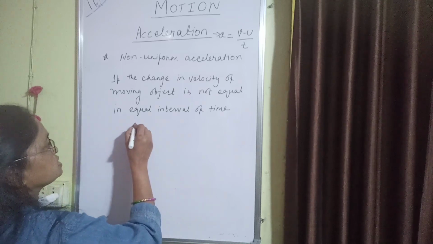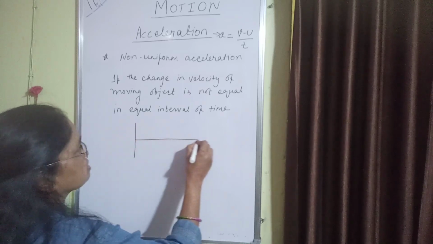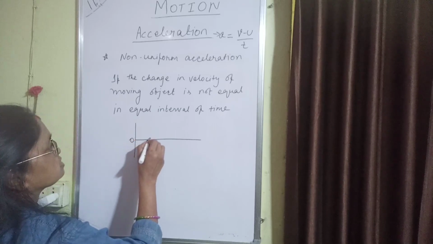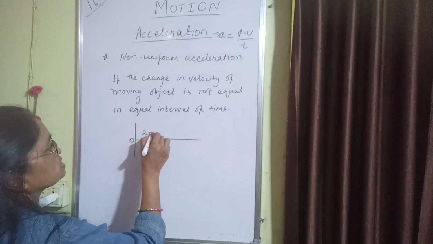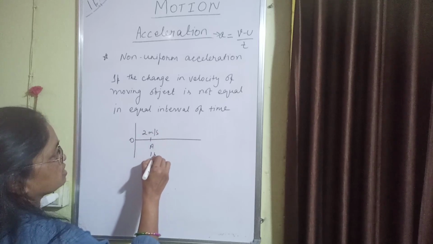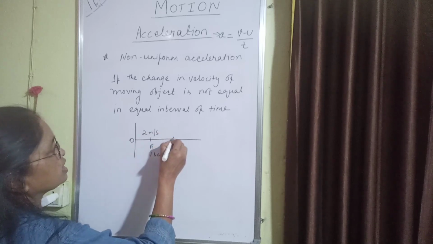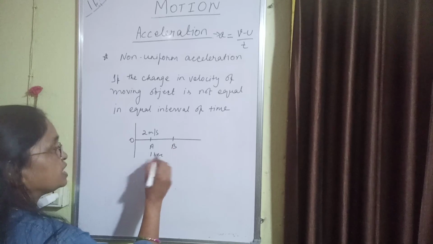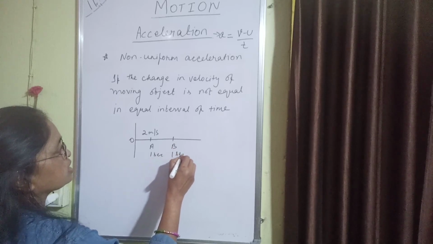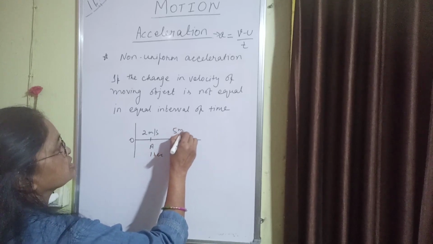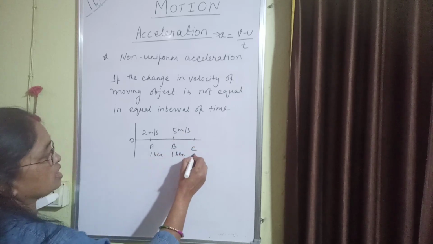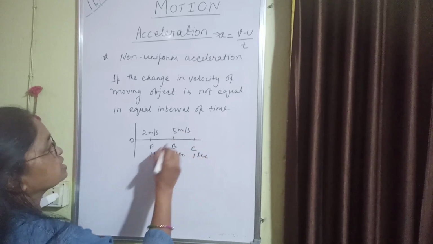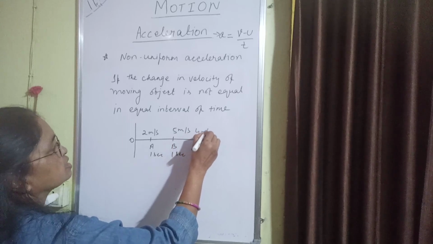For example, I am showing you one here. The body comes at position A and it covers 2 meter per second in 1 second. When the body comes to position B, time is 1 second, it covers 5 meter per second. At position C, it is 1 second, but it covers 4 meter per second.